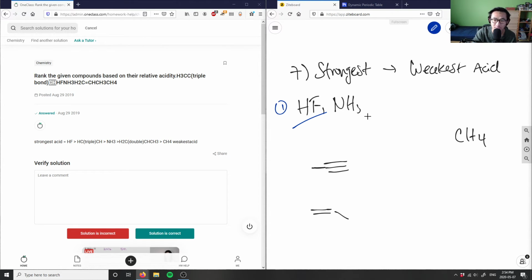So again, this is my strongest acid. I know ammonia here is my weak base, and I'm going to put the Kb value for you, and actually let me solve for the Ka for you. Kb here is 1.8 times 10 to the negative 5. So for my Ka of ammonia, I'm going to do 1.0 times 10 to the negative 14 divided by our Kb value to get our Ka.